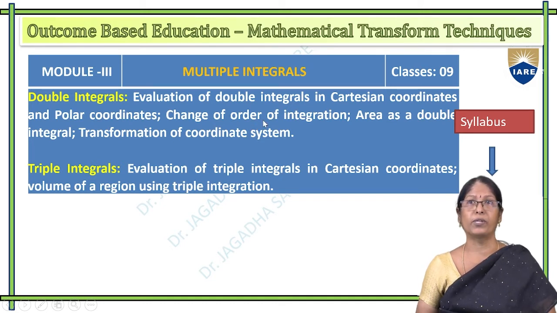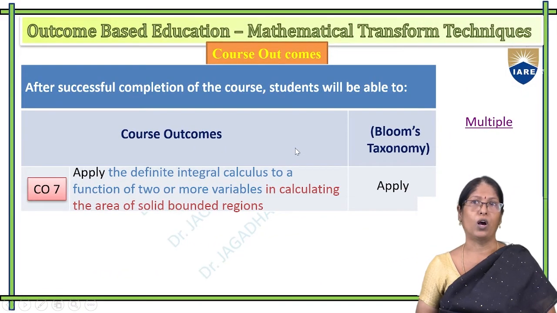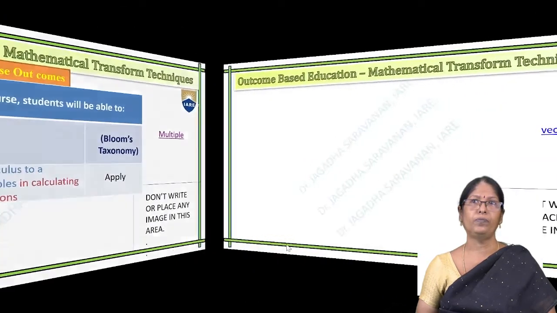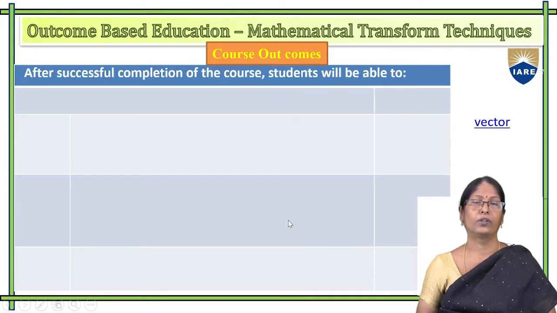That is, once the semester of this particular course is over, the faculty expects that the student should possess this knowledge. So this is the connectivity given by our course outcomes. Next, we will move to the course outcomes.